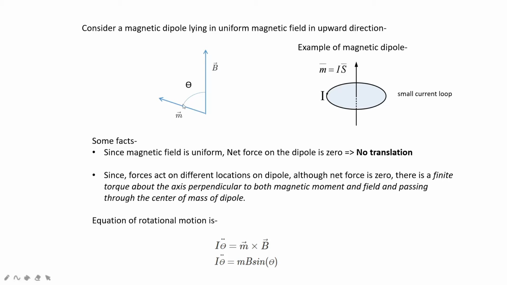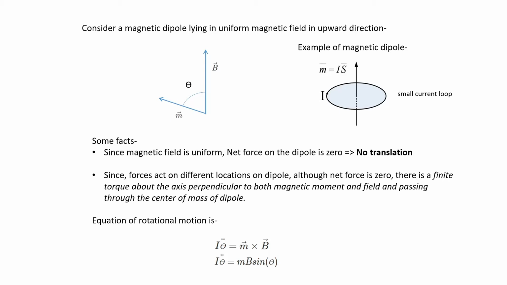So for that rotational motion, the equation of motion is I theta double dot is equal to cross product of m cross B, where this I is the moment of inertia of the dipole and theta double dot is nothing but the second time derivative of this angle theta. That is, it is angular acceleration.